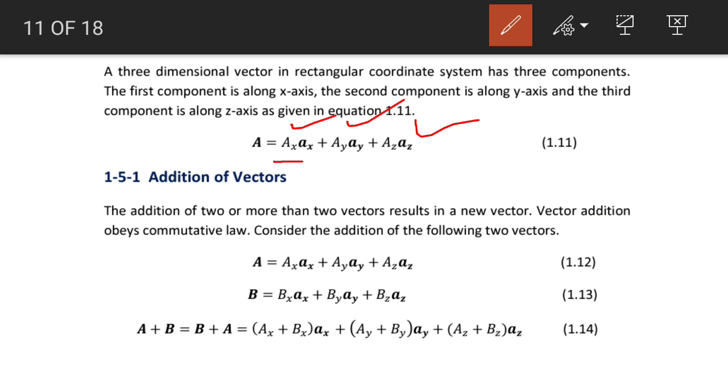And if we add these three components in accordance with the head-to-tail rule, the addition of these three components results in vector A. So this is how we represent a three-dimensional vector in a rectangular coordinate system.